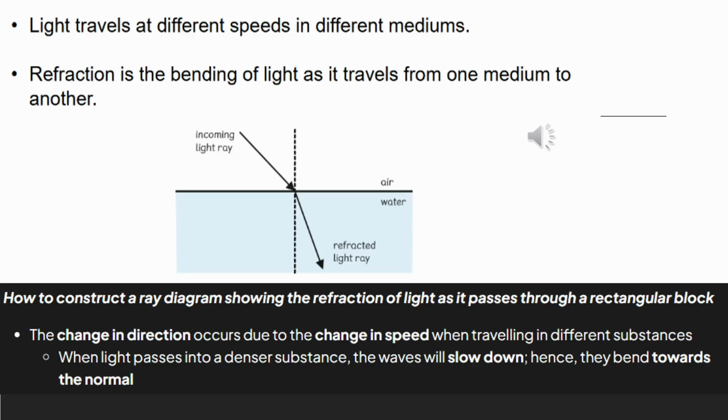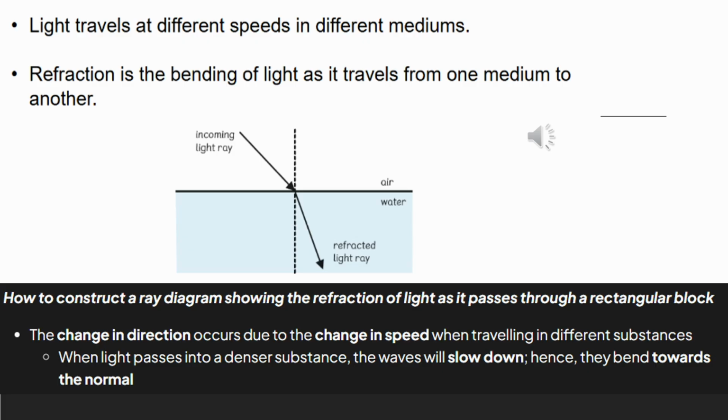I'm sure by now you know that light travels at different speeds in different mediums. So if you look at the picture below, the incoming light ray is being refracted when it crosses from the air into the water. Why does this change occur?